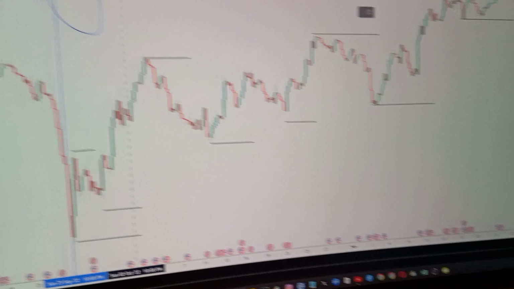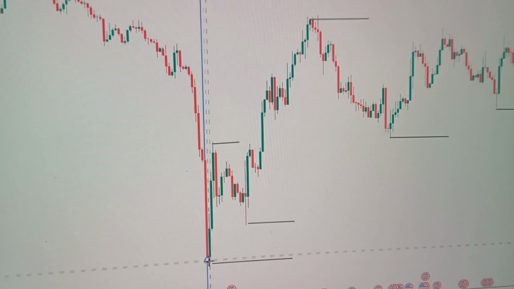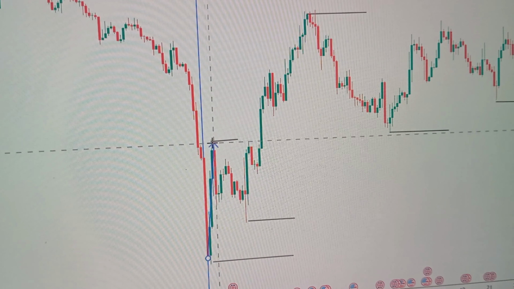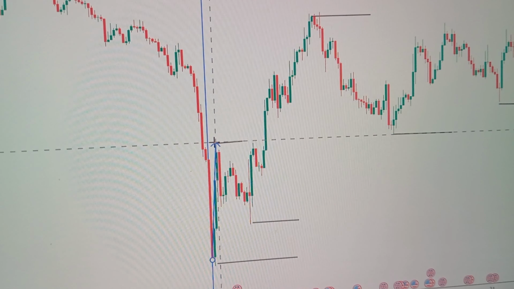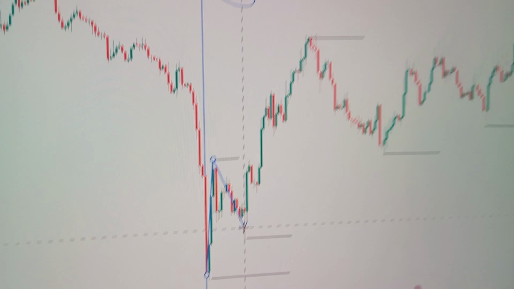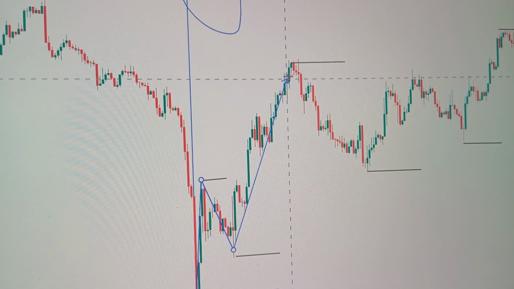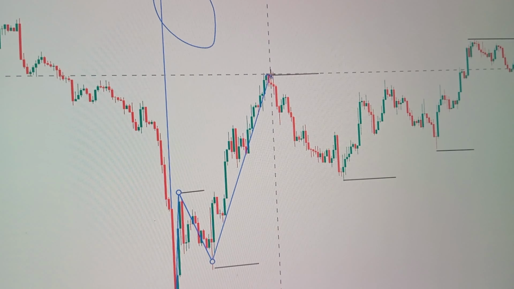Let me show you an example on the chart. Look here. This is an impulsive movement. From this spot to this spot is what? An impulsive movement, guys. And from here down to here is a correctional movement. And from here down to here is another impulsive movement.